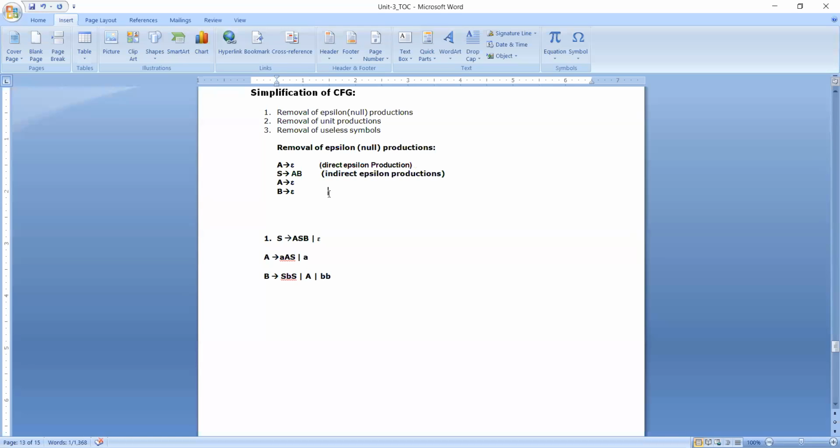Why am I calling it indirect? Because S is not directly deriving epsilon. We get this epsilon production for S only after replacing the variable A with epsilon and the variable B with epsilon.